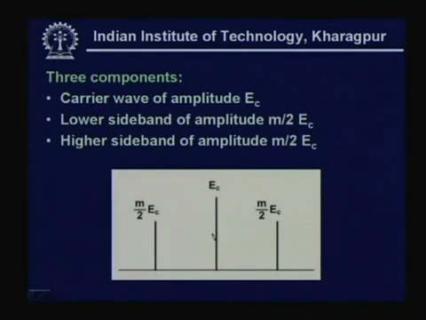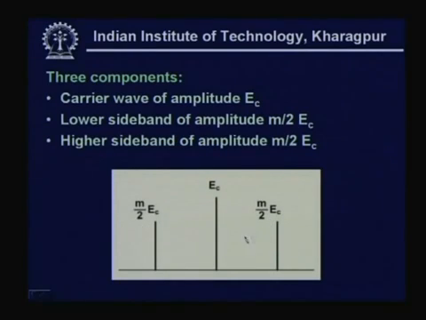Obviously, these amplitudes are dependent on m, since m is, as you know, the ratio of Em by Ec. Essentially, this will be equal to Em by 2 and this will also be equal to Em by 2.